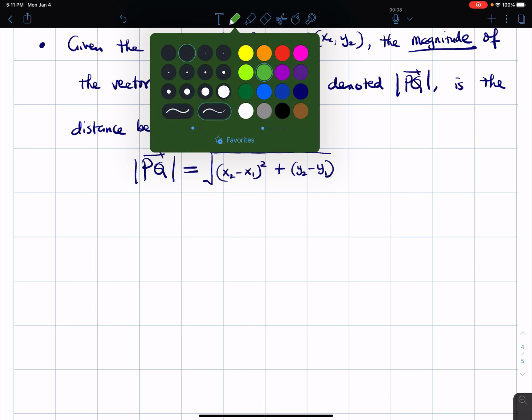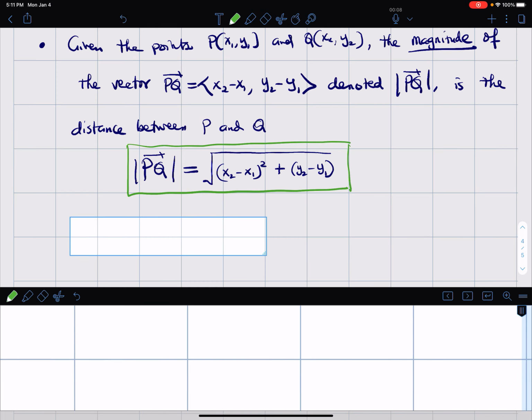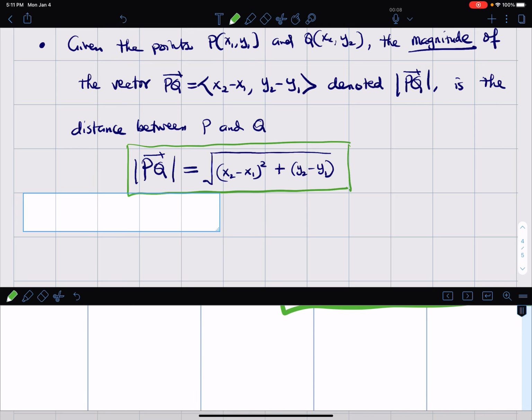But now think about this. Assuming we already calculated the vector already. We're not given its tail and its head. We just have a vector.